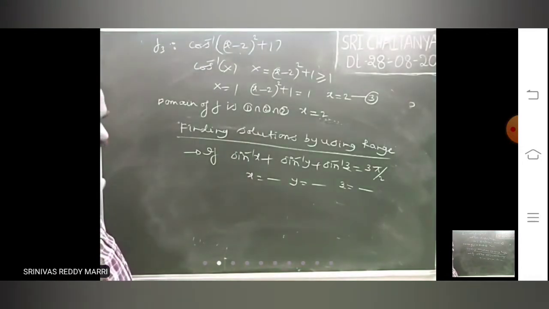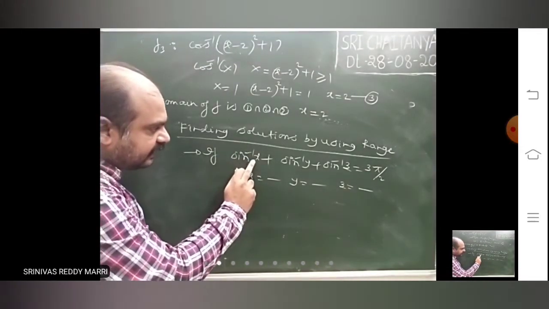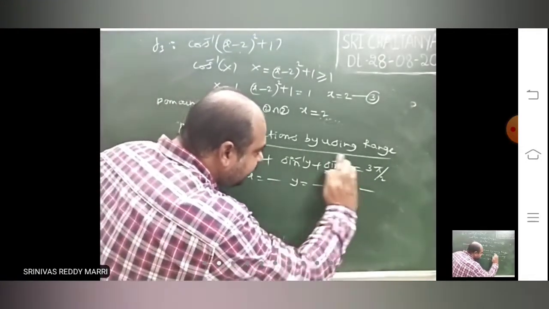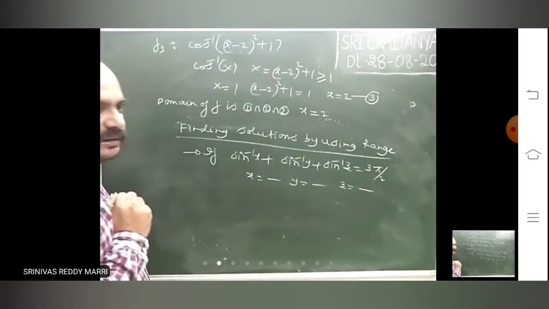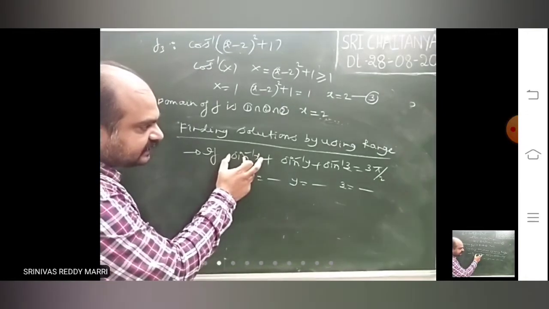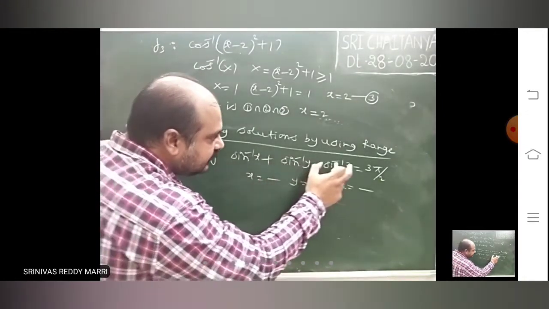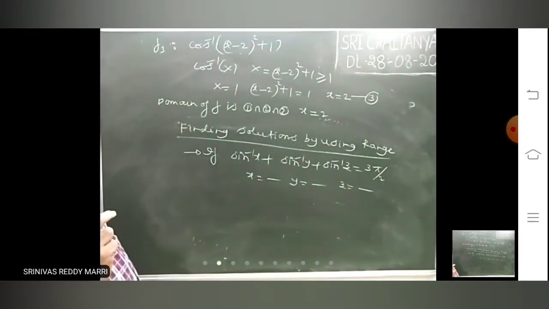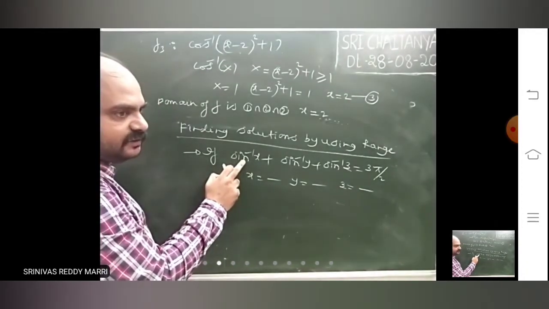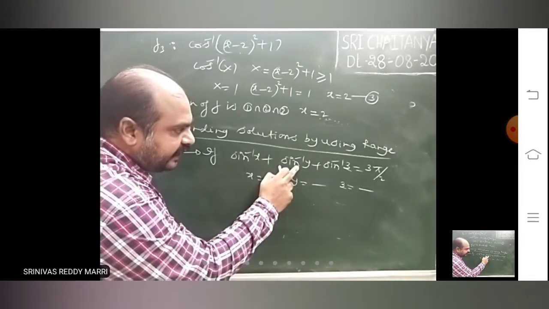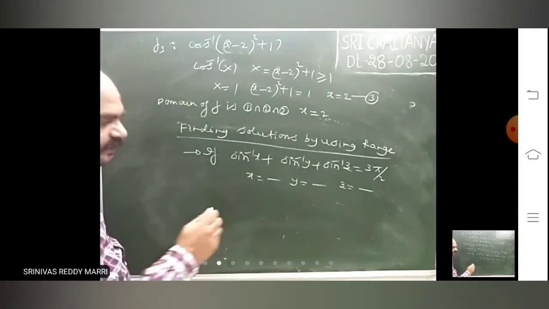Look here. If he has given like this, you have to observe. 3 pi by 2 he has given. This is sine inverse x. This is sine inverse y. This is sine inverse z. Right? For this, pi by 2 is the maximum value.